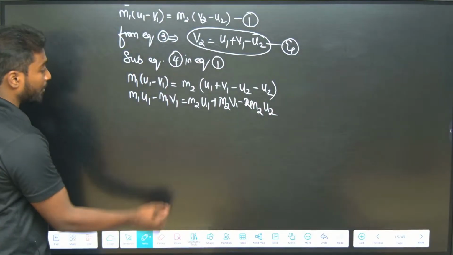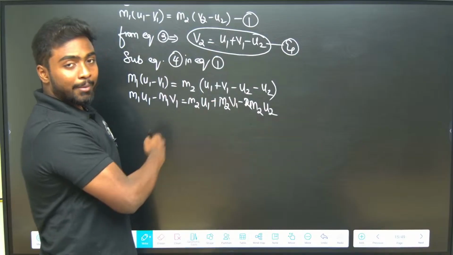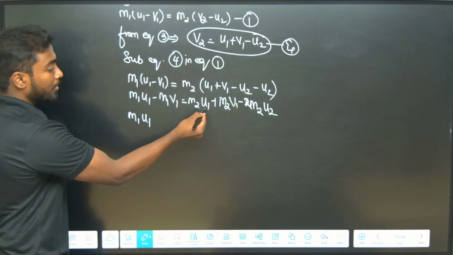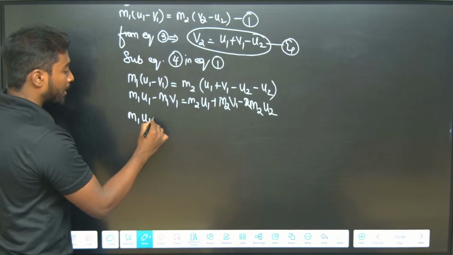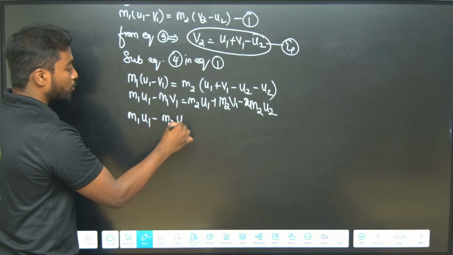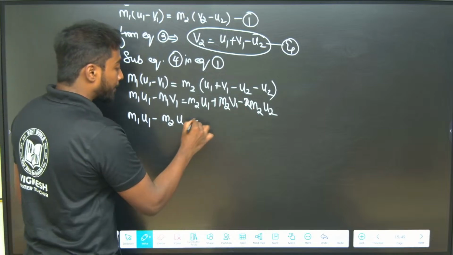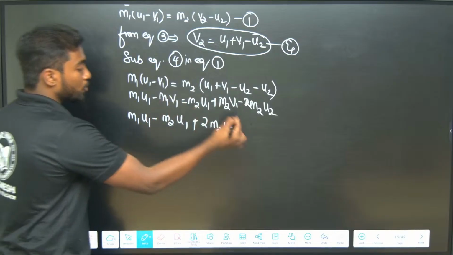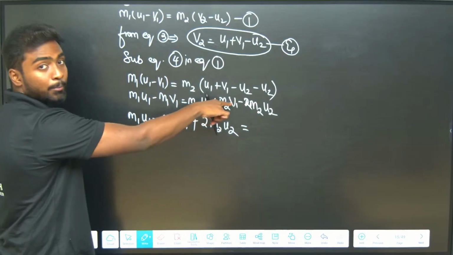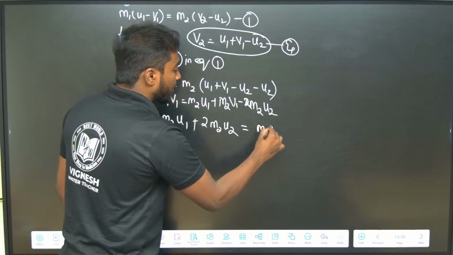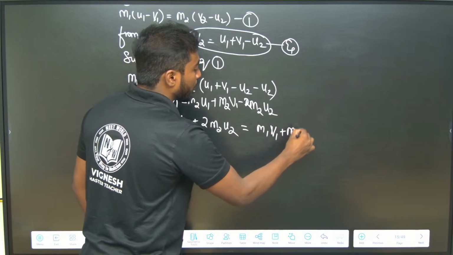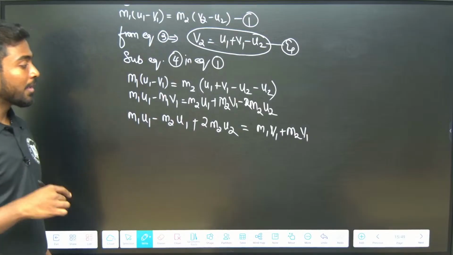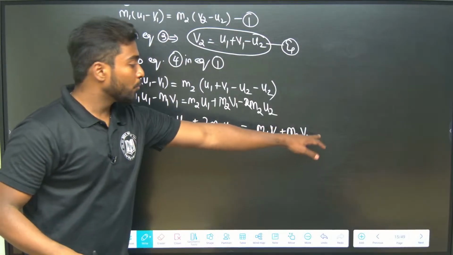So consider v1 on one side, remaining terms on the other side. So m1 u1, take this m2 u1 minus m2 u1, plus 2 m2 u2 should be equal to m1 v1 plus m2 v1.